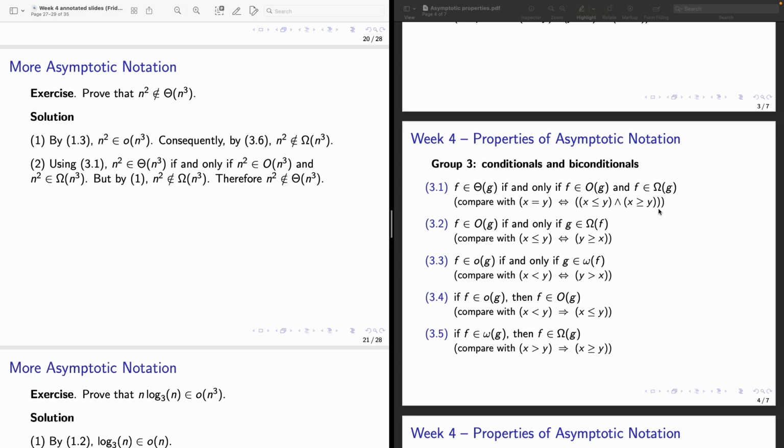Just like saying x is equal to y if x is less than or equal to y and greater than or equal to y, but we just found that it's not greater than or equal to y. One side of the AND statement is false, and thus the entire AND statement is false. And we conclude n squared is not in big theta of n cubed.